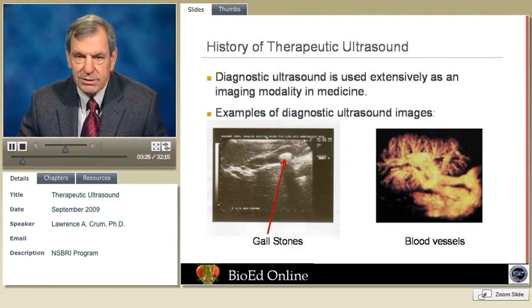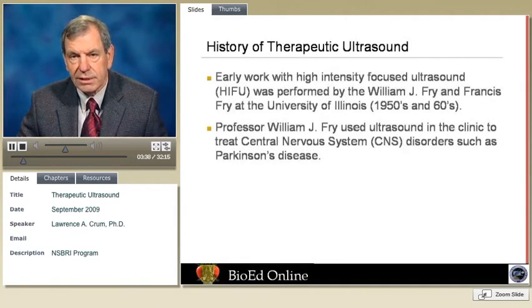And it wasn't until the 1970s and 80s that it really became a component of modern clinical medicine. What really came first in the use of ultrasound in medicine were some developments by the Fry brothers, 2 physicians at the University of Illinois in Champaign, who actually used ultrasound for therapy.